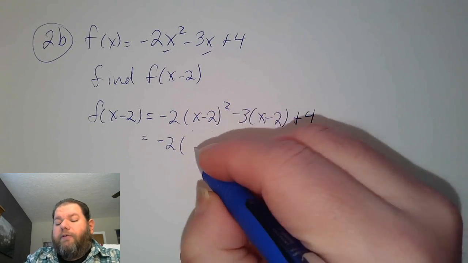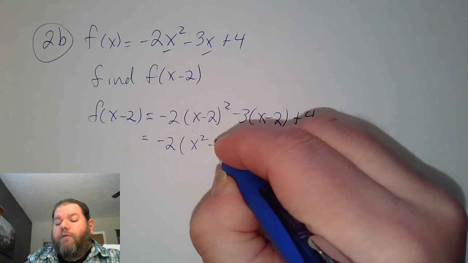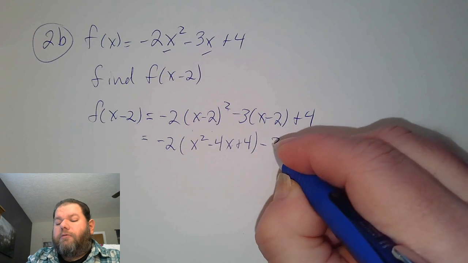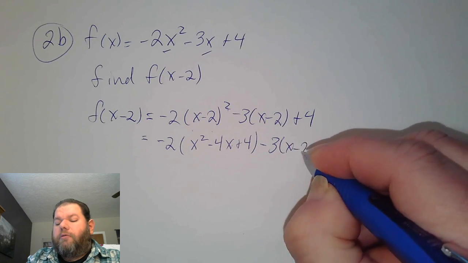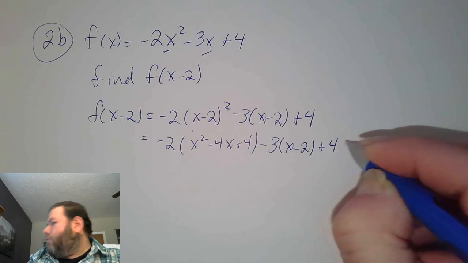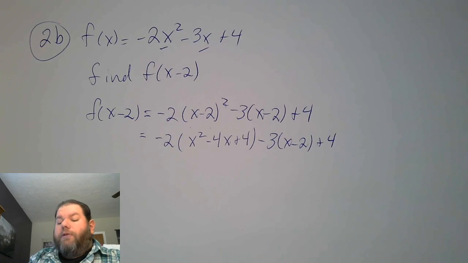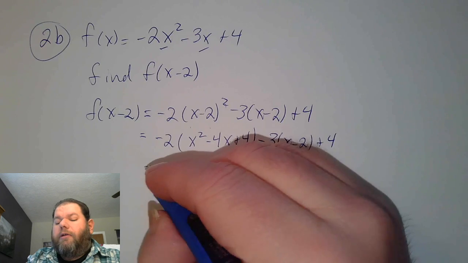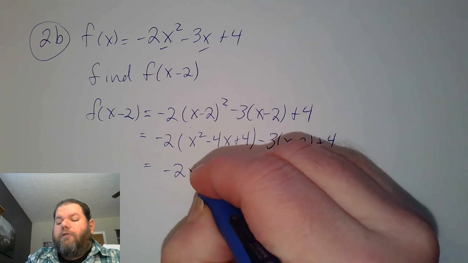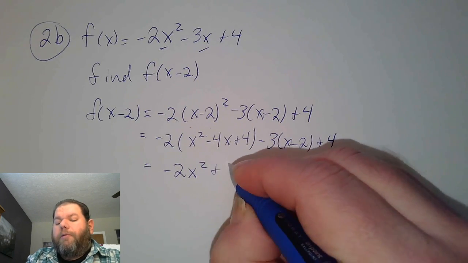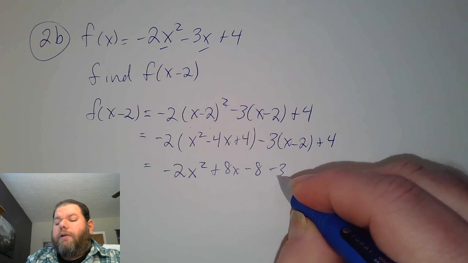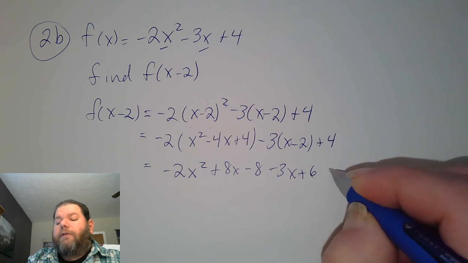So x minus 2 squared is x squared minus 4x plus 4. And if we distribute the negative 2 and if we distribute the negative 3, negative 2x squared plus 8x minus 8 minus 3x plus 6 and then plus 4.